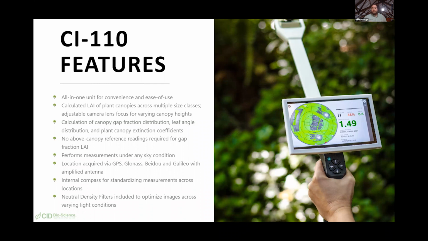And as I mentioned, the filters that are available to optimize your images across varying light conditions is another benefit of the instrument. So we think this is a really drastic upgrade from our previous model, and we're really happy with it. And we've had a lot of good success stories with people using our all-in-one CI 110 unit.